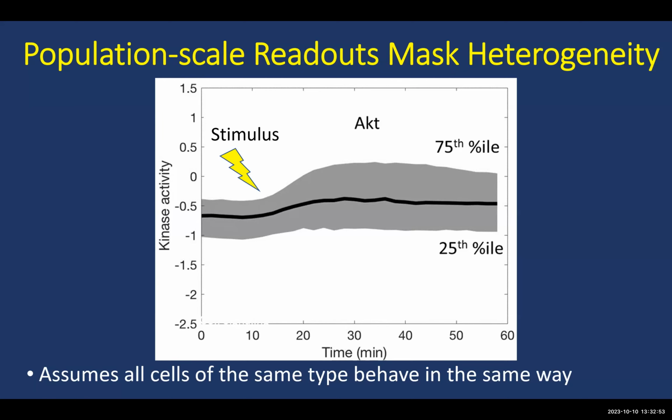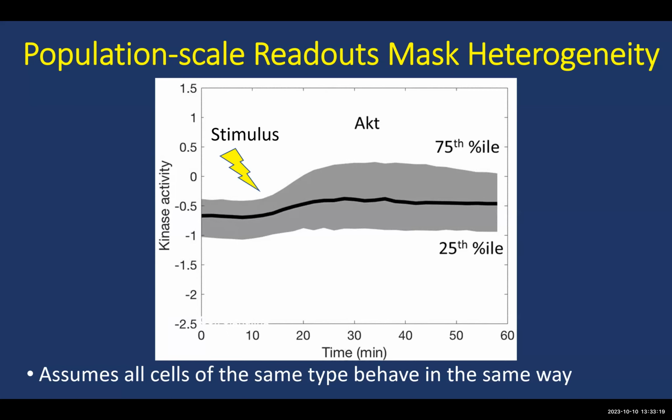What is the y-axis here? The y-axis is kinase activity for a kinase known as AKT, which is important in cancer cell migration, survival. It's one of the major oncogenic kinases in cancer. And we're measuring this with a fluorescent reporter for kinase activity of AKT, okay? So the premise here, we're assuming that all these cells act the same and that they are the same.